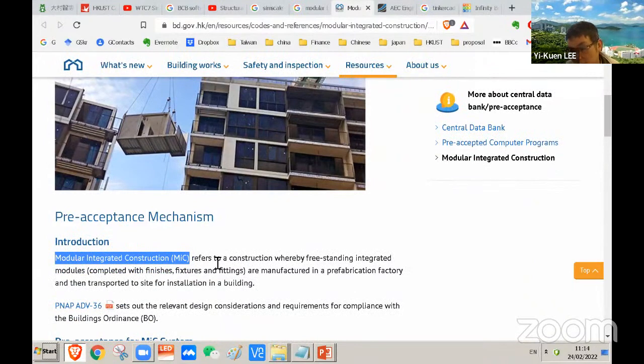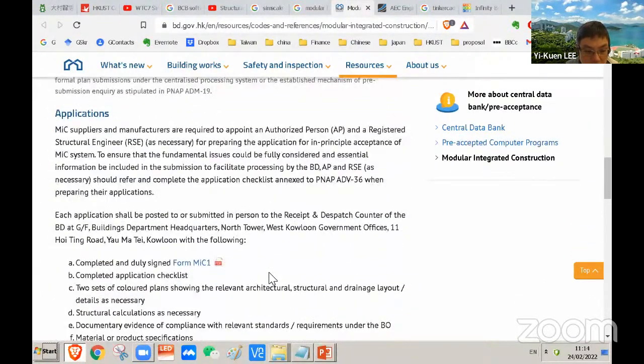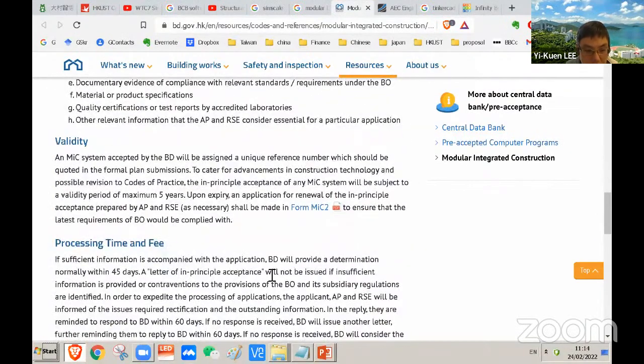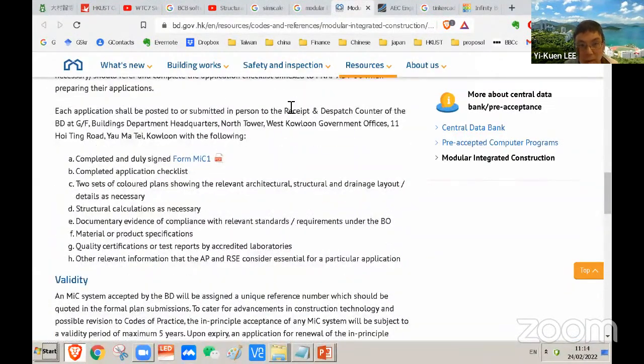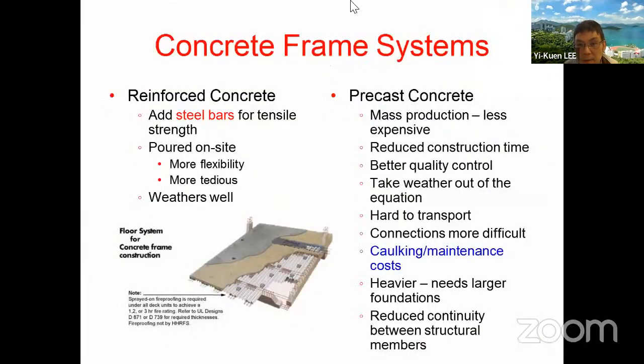Of course, you use a truck to move this kind of large structure to the construction site, and then do the assembly. So at least for the Hong Kong government, I would say this is much more efficient for building construction.